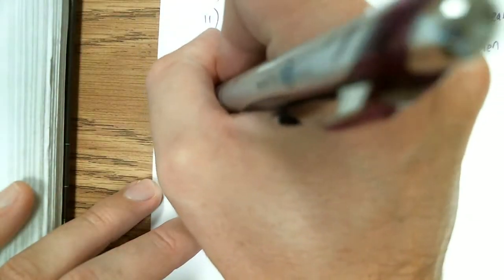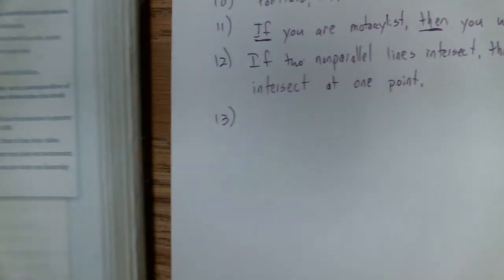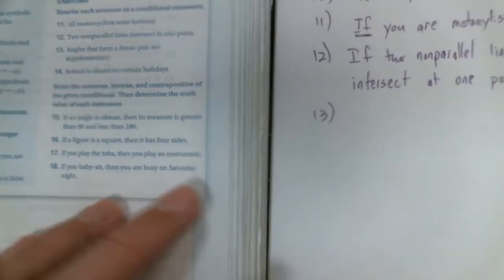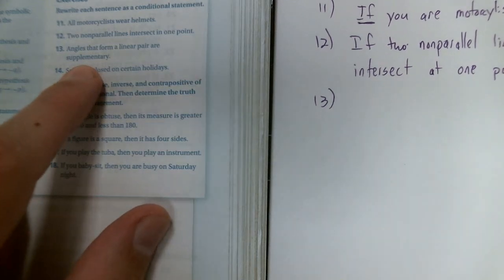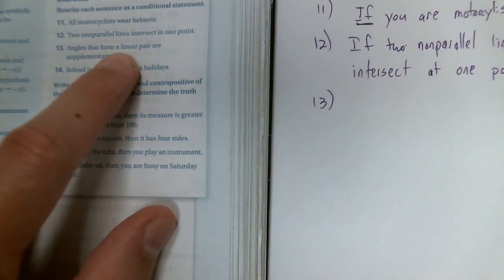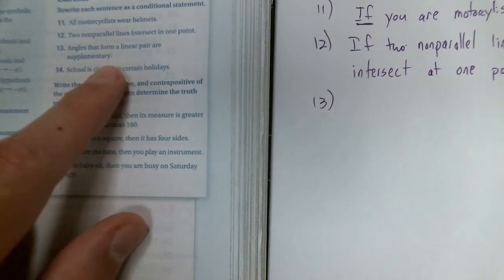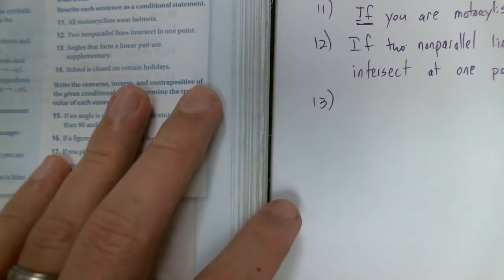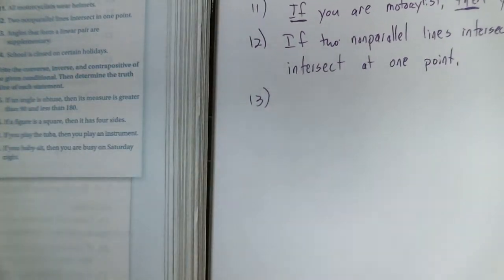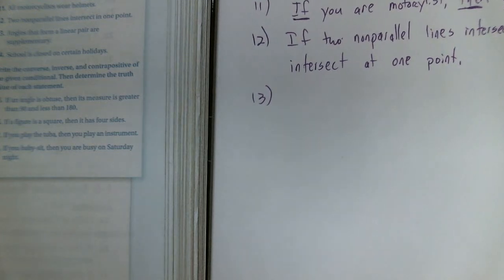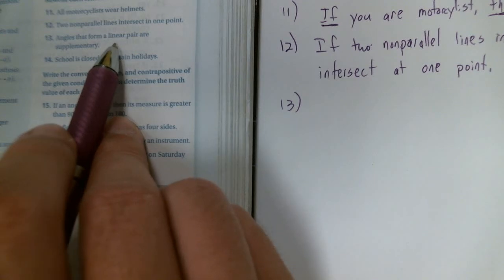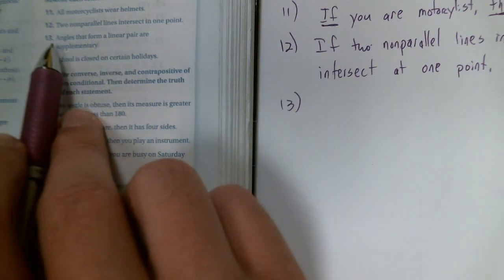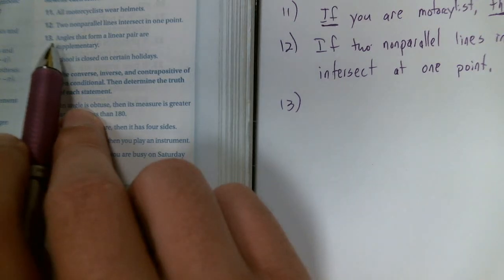Okay, let's go on. Number 13. Angles that form a linear pair are supplementary. I know it's pronounced linear, the first 4 letters being line. So once again, I can't just say if angles that form a linear pair, that doesn't really make sense. What if I said two angles?